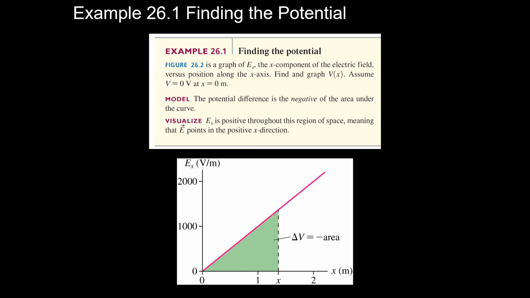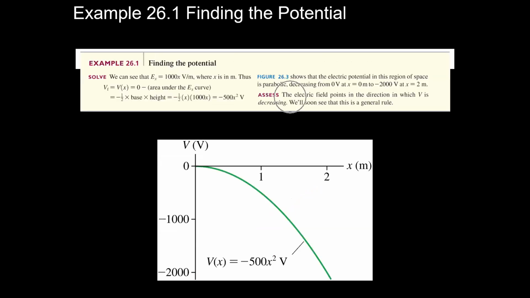When we integrate that, the integral of 1,000x is 500x squared. And so the result is minus 500x squared. And that minus 500x squared gives you the correct initial value of the potential. We decided in the beginning of the problem, we set the reference of the potential to be 0 at x equals 0.